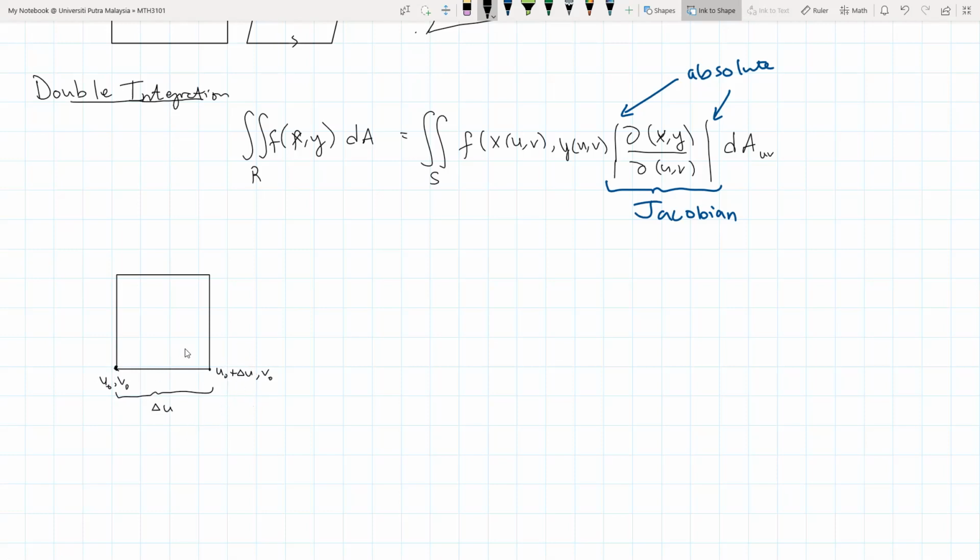V0 does not change because this is on the u-axis. So this is U and V space.